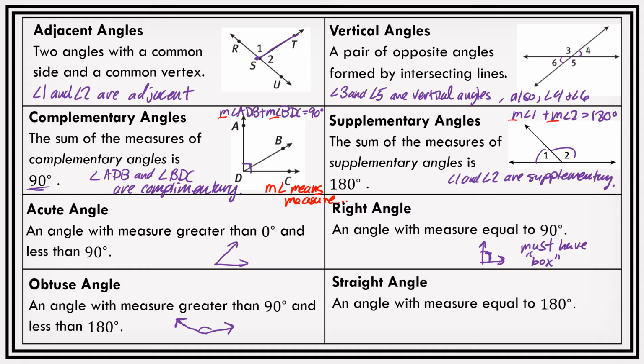Why do we think they call it a straight angle? Because it's literally just a straight line. A 180 degree angle is a straight line. You can see that in the supplementary angles: the two angles together formed that straight line right there, and that's why they are supplementary. Okay? All these definitions are important to remember. We will have vocab tests, and these will be on the vocab test as well.